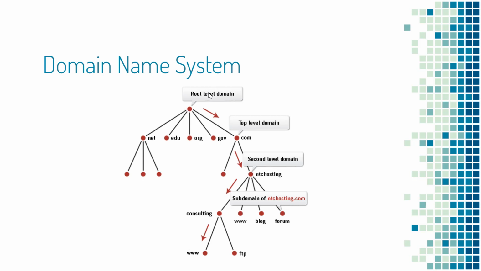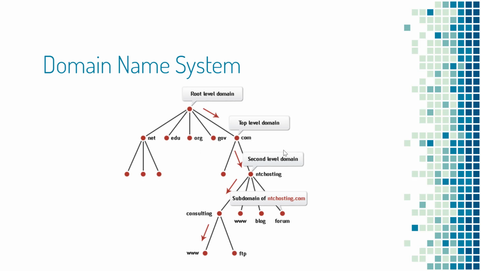The last dot after the domain name is the root level. Then we move to the top level domain, which in this case might be com, gov, org, edu, net, tv, all these kinds of top level domains.